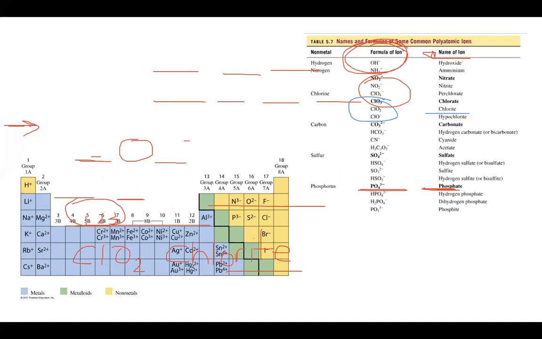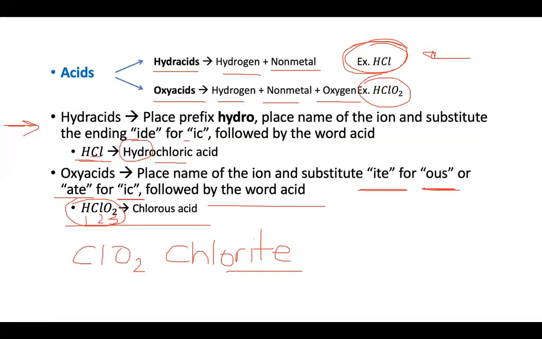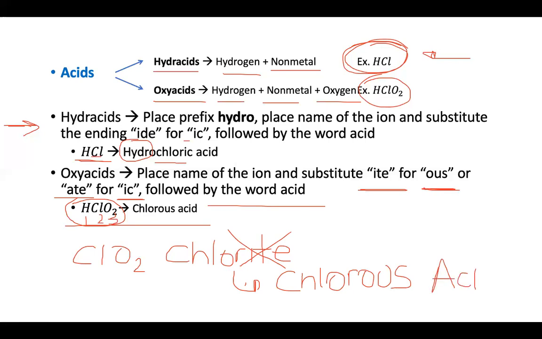So the ending is in ite. So now what I will have to do is change this ending ite for ous. I will change it for chlorous, followed by the word acid. And that's the name of the compound.